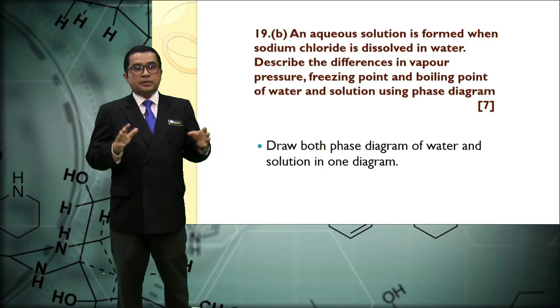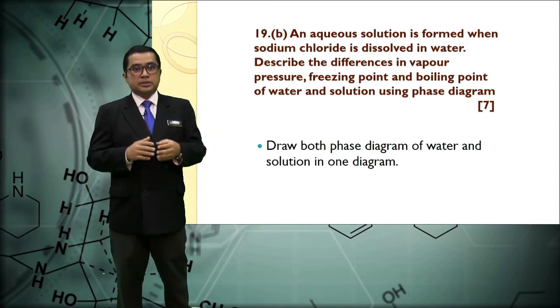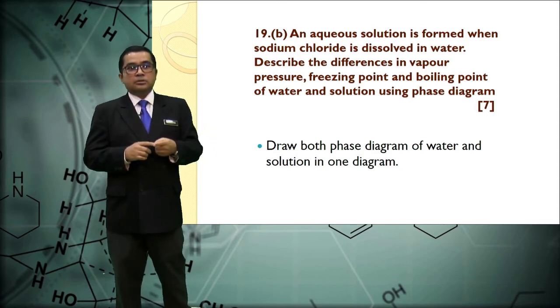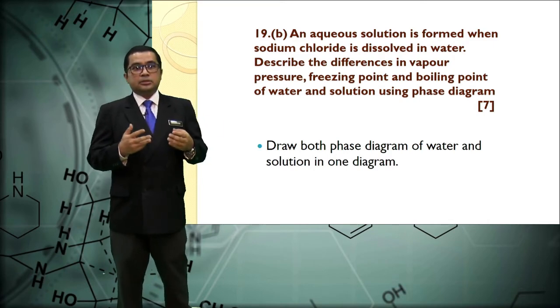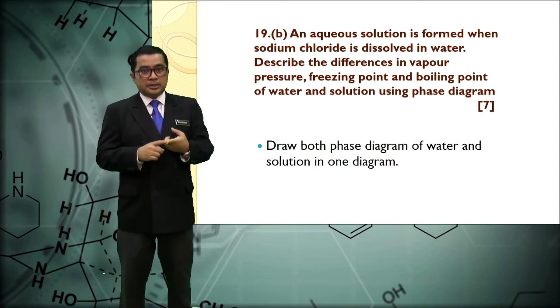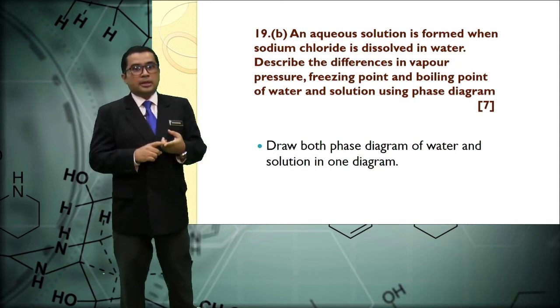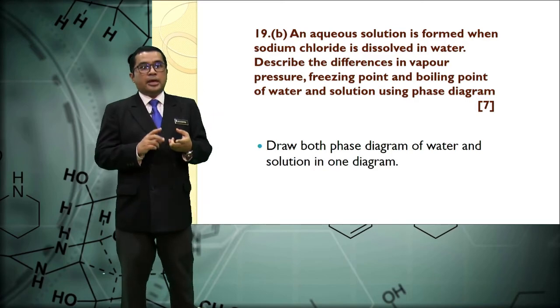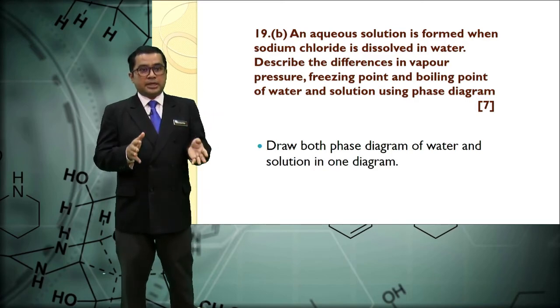Before you start to answer, make sure that you understand the question. It asks you to explain the differences in vapor pressure, freezing point, and boiling point of water and solution using the phase diagram.